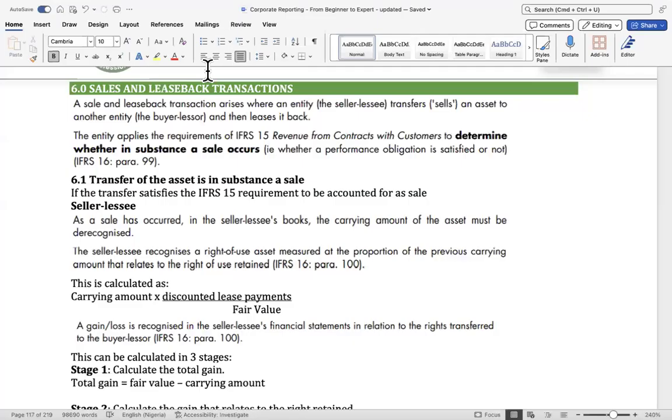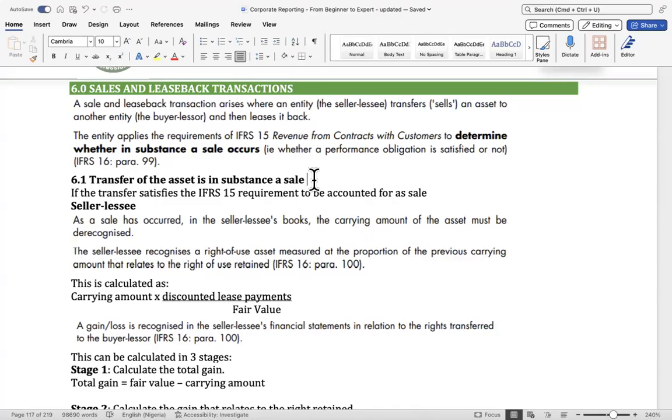What we are talking about here is where an individual or a corporate entity sells an item and leases it back. Majorly, we're going to apply IFRS 15, what I taught you in a purchase agreement. However, it's going to be hands-on here, because that's ultimately what would determine the treatment.